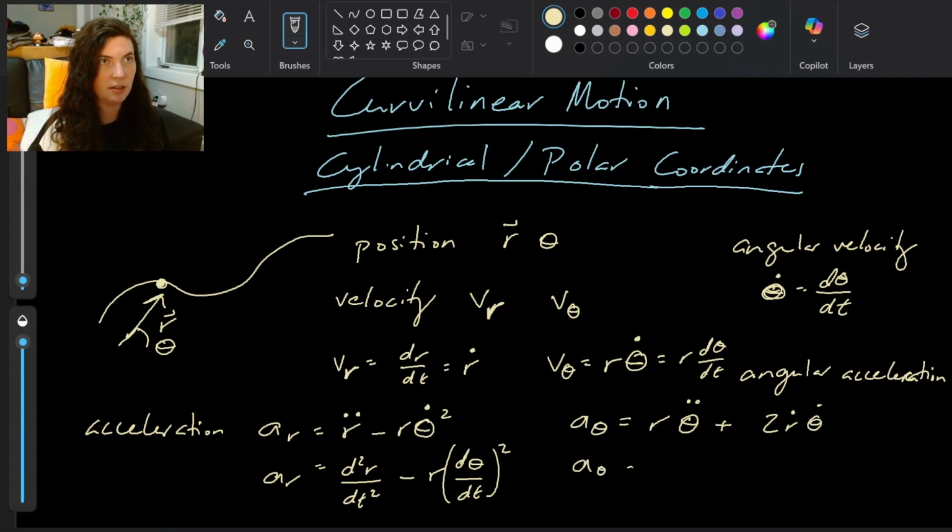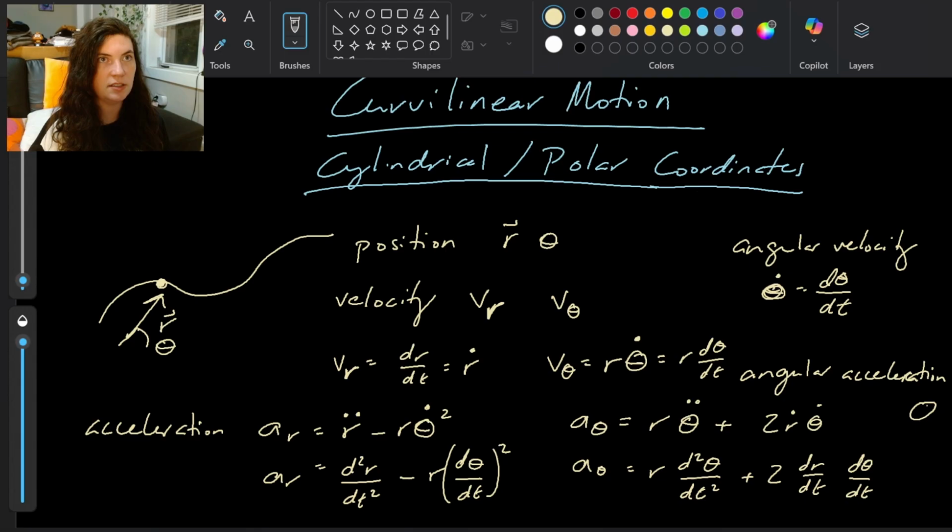Or if you don't like dot notation, as I am not a big fan of it, it's r times the second derivative of theta with respect to time plus 2 times dr dt times d theta dt.